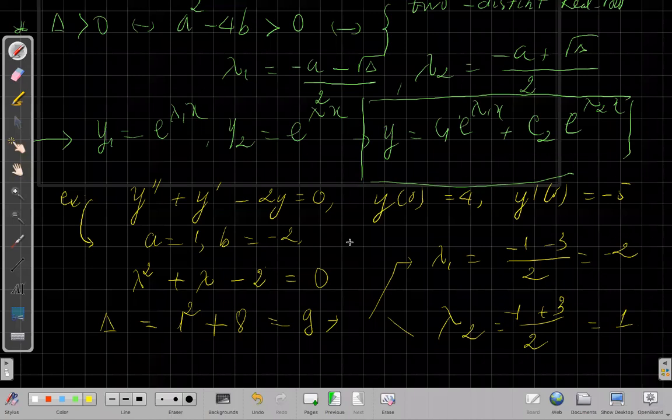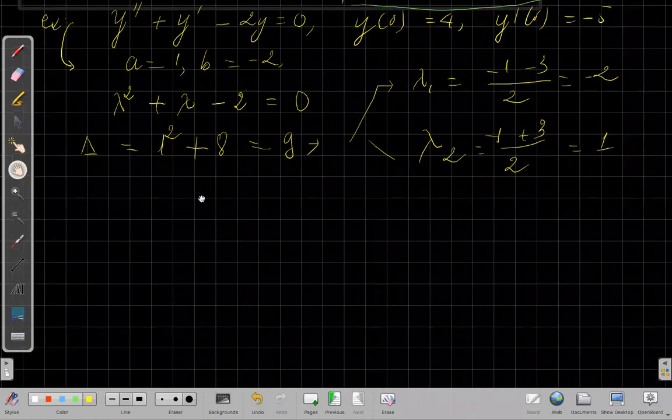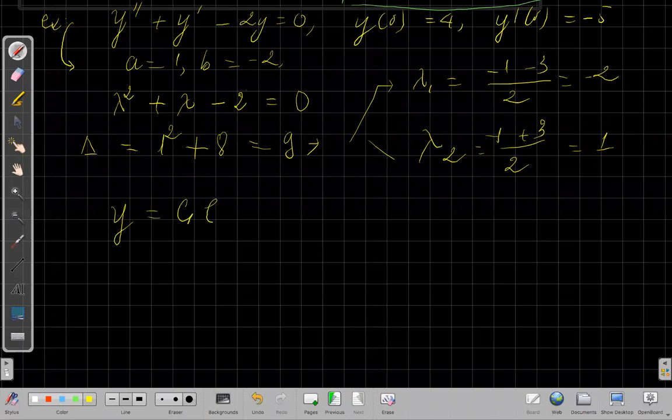Okay, and we can have y1 and y2. So eventually you can write y equal to c1 e to the minus 2x plus c2 e to the x.